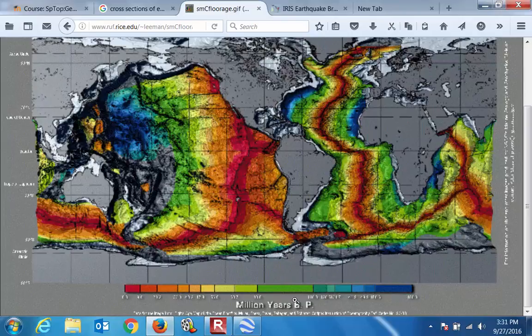Millions of years. The whole idea is that you can see here's where you see the continental United States, South America right here.